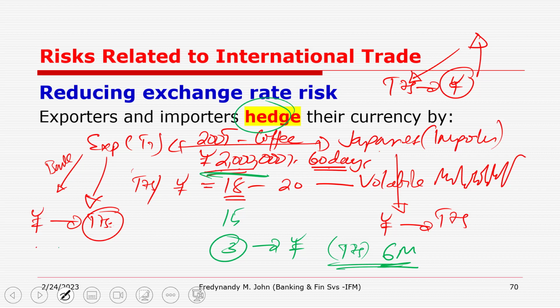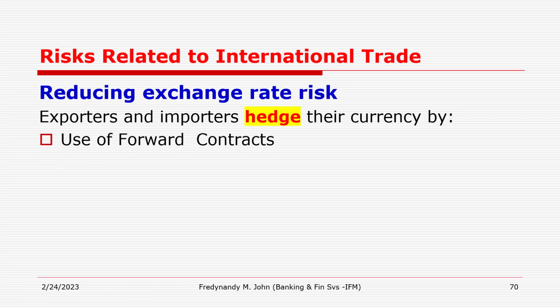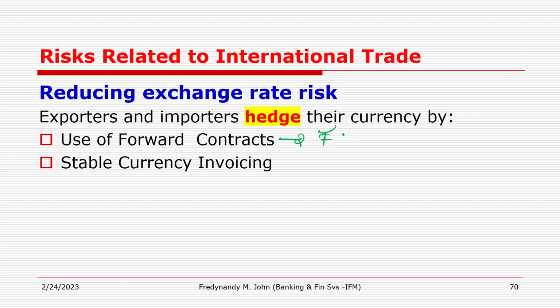Now, there are different hedging techniques out there, and he can opt to use any of them. For example, he can use the forward contract. He can use stable currency invoicing. With the forward contract, the exporter enters into an agreement with, let's say, a bank, where he will sell the Japanese yen at a certain fixed rate on maturity, let's say 18.5 Tanzanian shillings per every single Japanese yen.